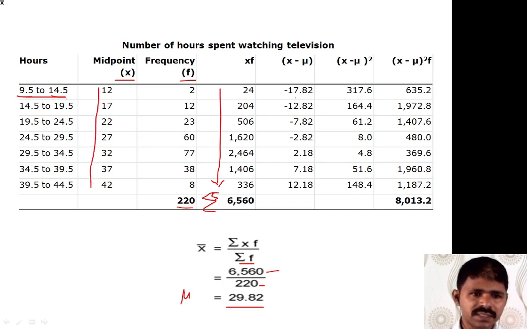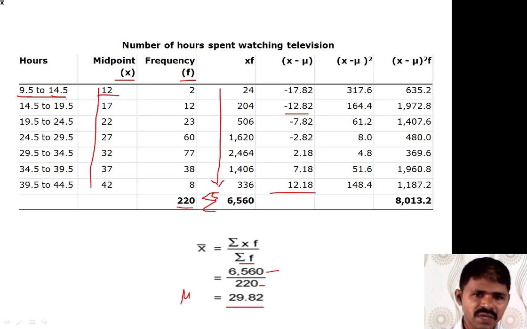So here, 17 minus 29.82 gives minus 12.82. Similarly, we calculated the x minus mean values for all the other observations.